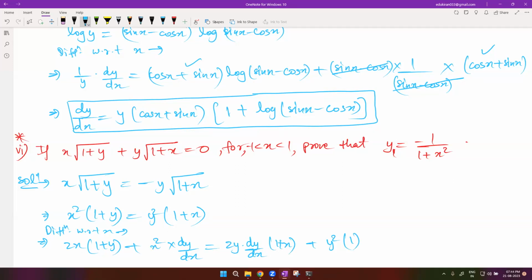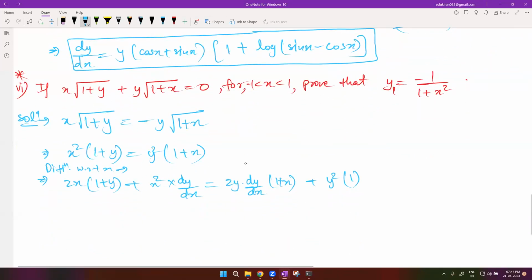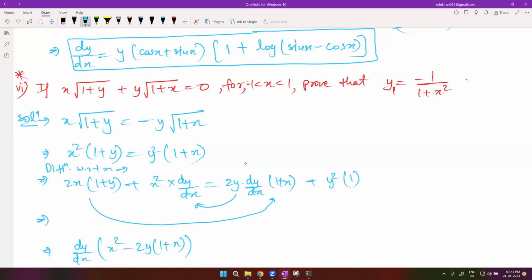Right? Now let's combine dy by dx from here. Let's take this term to this side and this term to this side. So dy by dx I'm taking common, and I'm left with x square minus 2y into 1 plus x, is equal to y square minus 2x into 1 plus y.